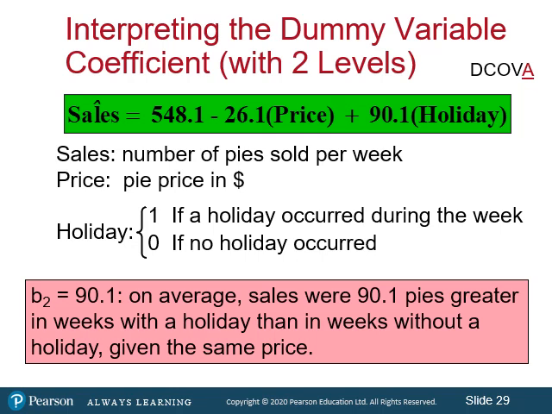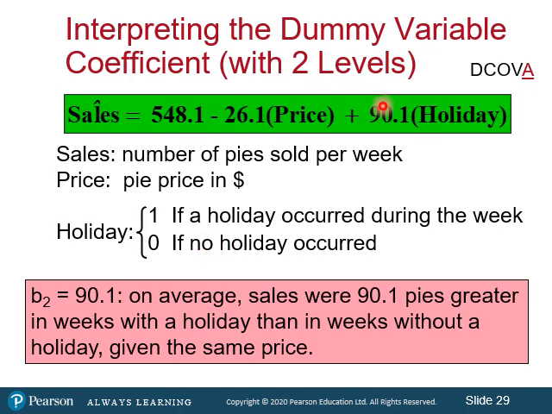Once we run the analysis, we get an equation like this: sales equals 548.1 minus 26.1 times price plus 90.1 times holiday. The number of pies sold per week is a function of this and this. If there is a holiday, which is 1, then the whole equation works.